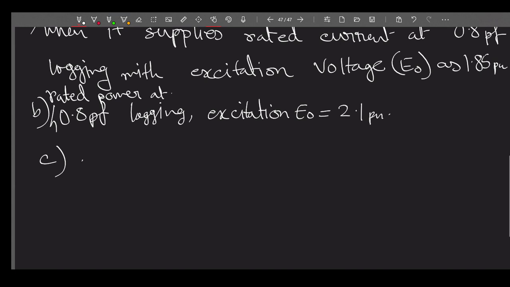So in the first problem it is rated current, in the second problem it is rated power, and whenever it is 0.8 power factor lagging, obviously rated power means your kVA becomes 1.25 times of your rated kVA, because if you are dealing with rated power at this power factor level.